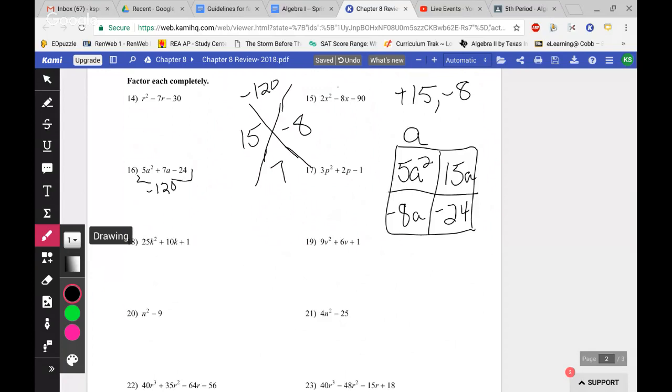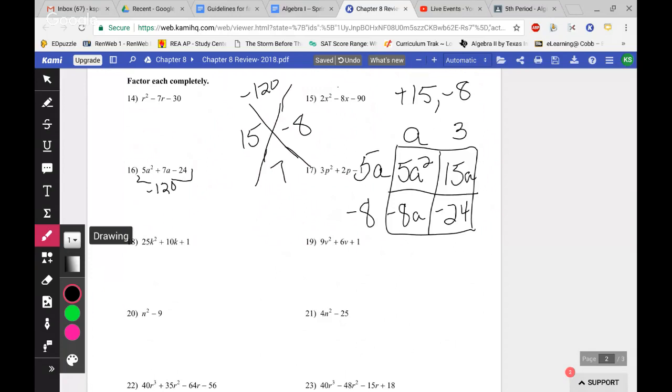And what can I factor out of 15a and negative 24? 3. Now what can I factor out of 5a squared and 15a? 5a. Good job. And what can I factor out of a negative 8a and a negative 24? Negative 8.